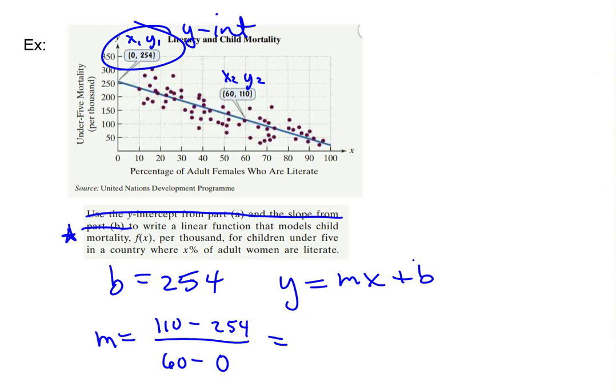Now we'll just need to simplify this fraction. It would end up being, let's see, on top we'd have negative 144, and down below we'd have 60. If we simplify that or reduce that down, it would end up being negative 2.4, if you reduce that even with a calculator.